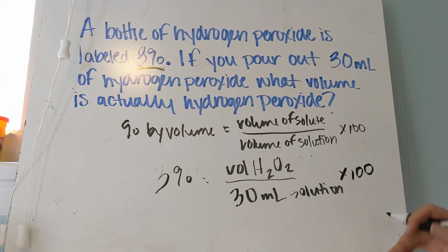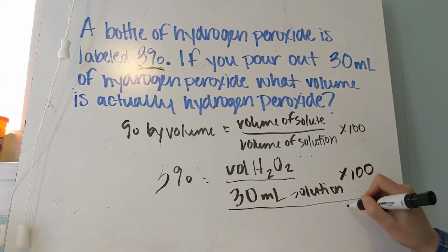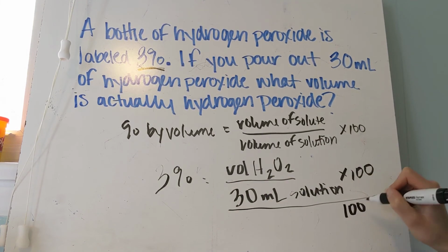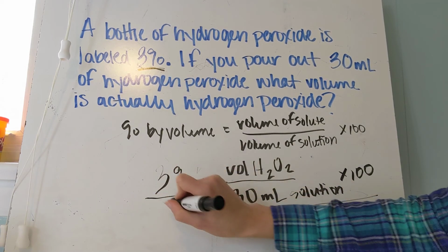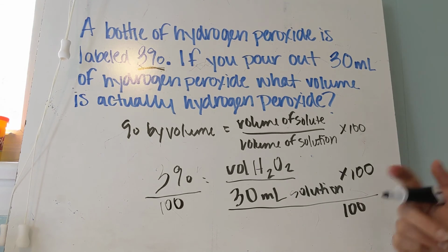Well, how do we figure this out? First, I'm going to divide both sides by 100. And at some point, I'm probably going to have to switch whiteboards because I'm running out of room.